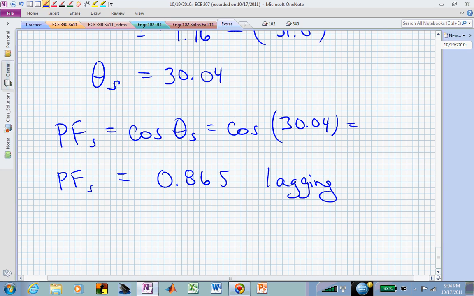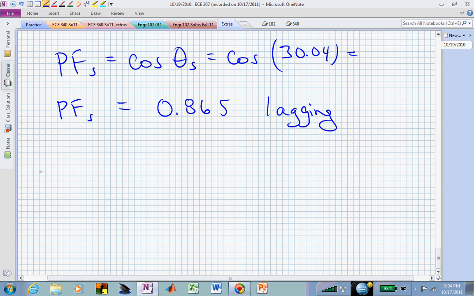Now we could also look at, in addition to what we've been doing, some of the other relationships after having worked the problem. We can look at it a little bit more in depth.